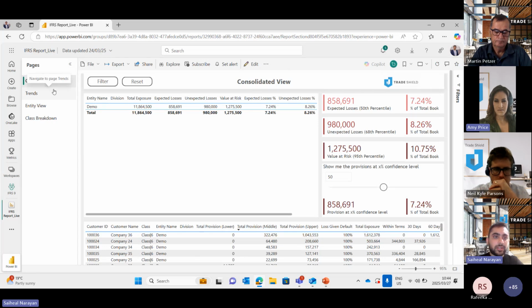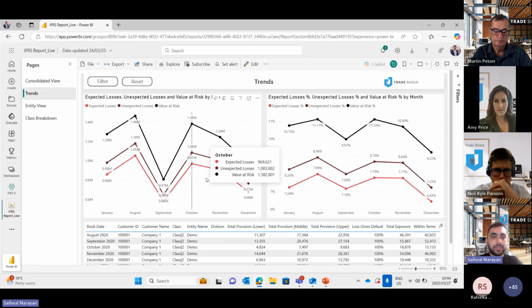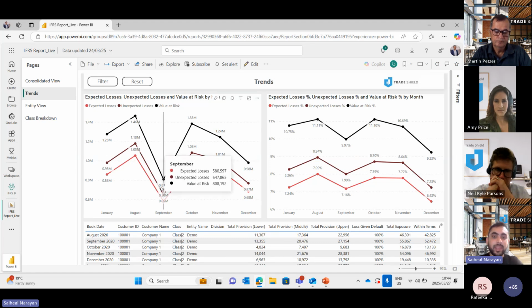Then we track it over time, because your debtors book changes over time. We track it on a monthly basis. Over time, you can see for September, obviously this is dummy data, that your expected losses are much lower. It could be that for that month your debtors book looked much better.